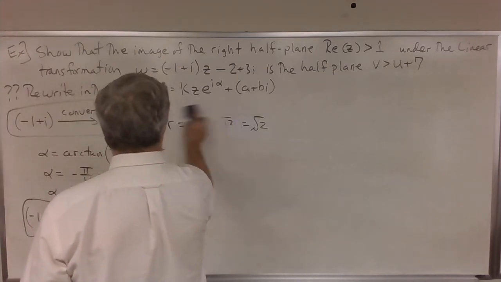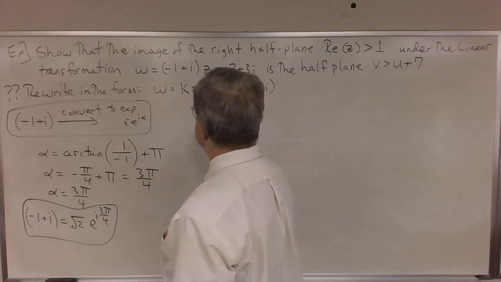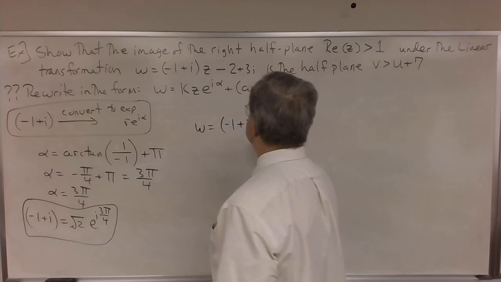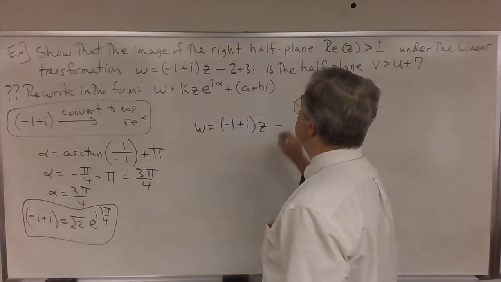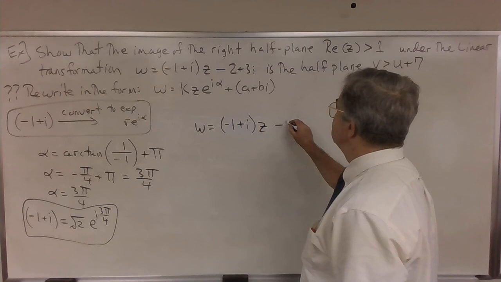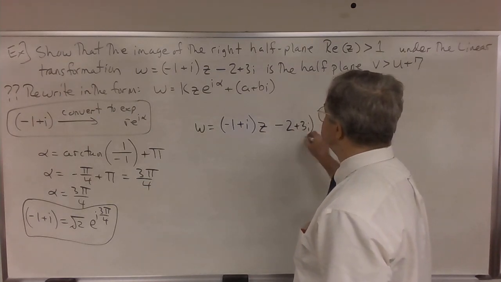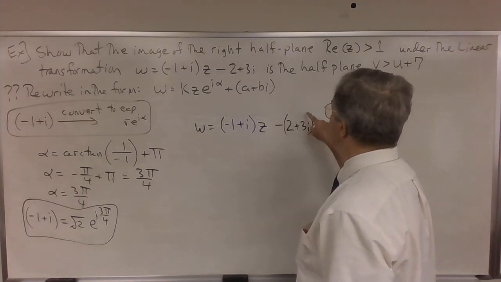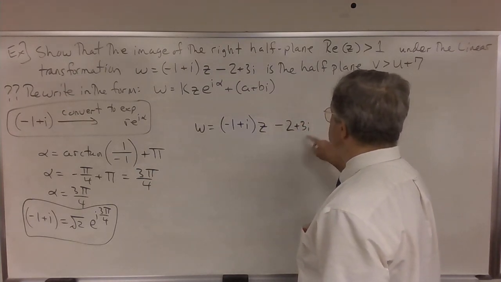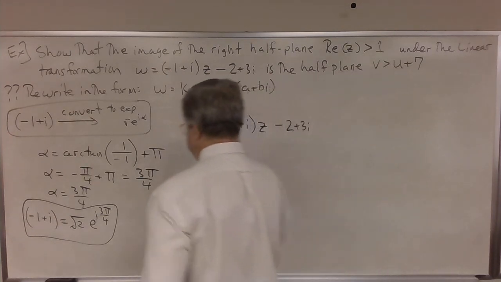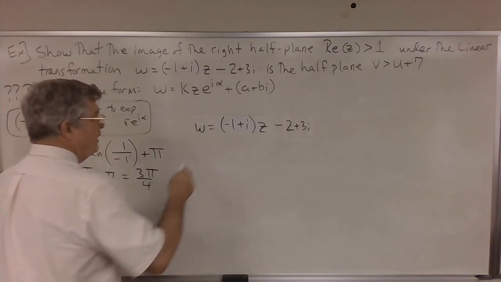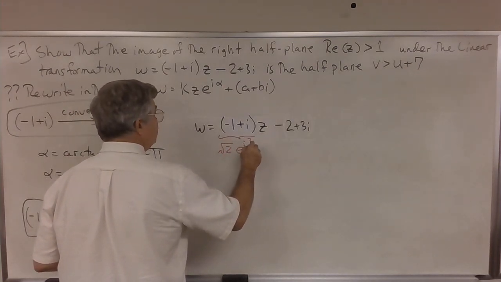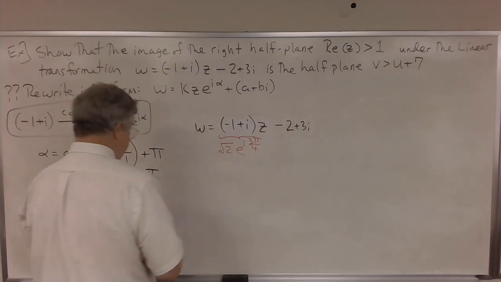Now, what does that mean for the entire transformation? w equals negative 1 plus i times z minus 2 plus 3i. This, I just found out, is square root of 2 e to the i 3 pi over 4. That's my alpha.